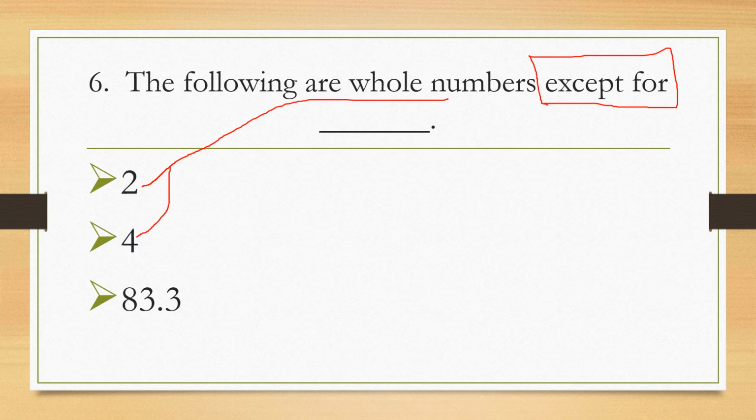So these are the whole numbers here except for 83.3. 83.3 is not a whole number because it's not exact. It's a fractional number. As you can see, there's a decimal point in there or a point. So except for 83.3. Understood?